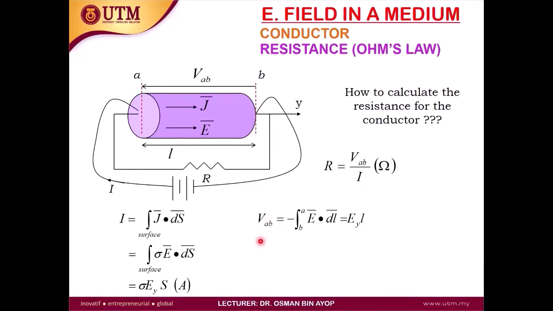For potential, VAB is equal to negative integration from B to A of E dot dl.